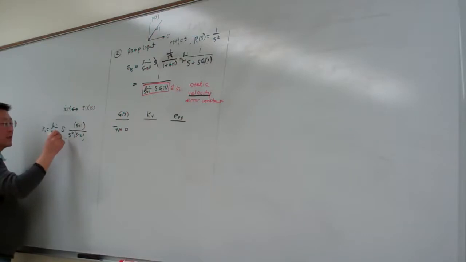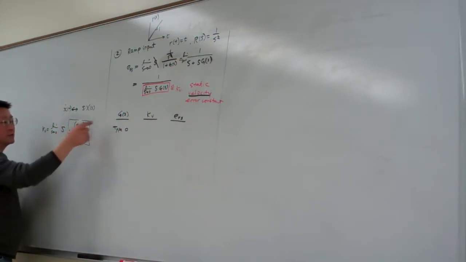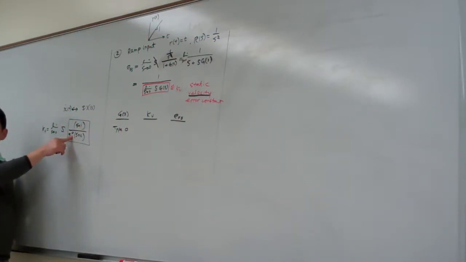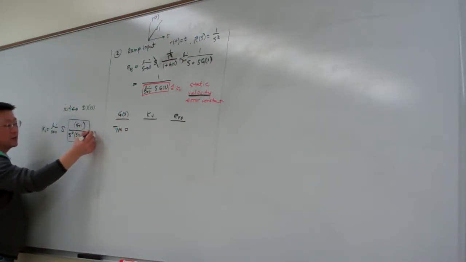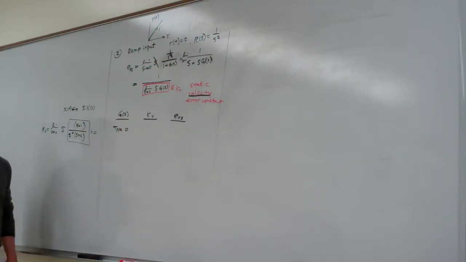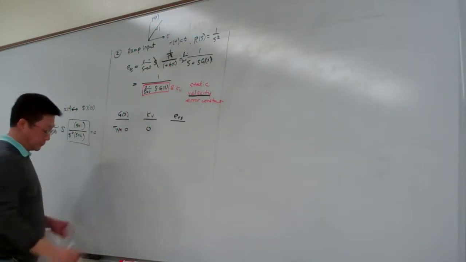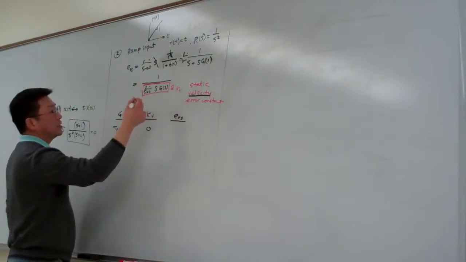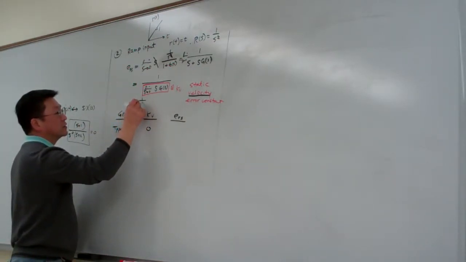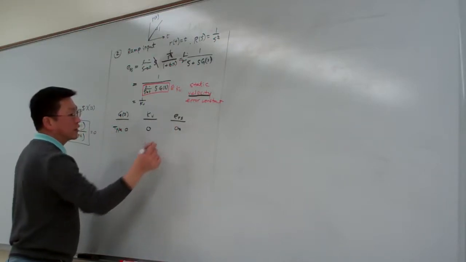I make up one example, say this is our G(s) and that is type 0. From here you can see this one is constant and multiplied by s, so for this case it is 0. So Kv is 0, then E_ss is simply 1 divided by Kv, which is infinity.